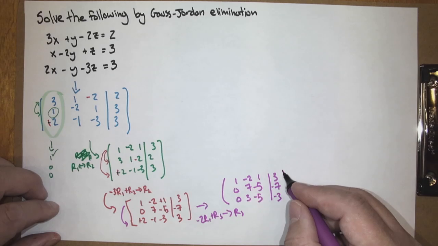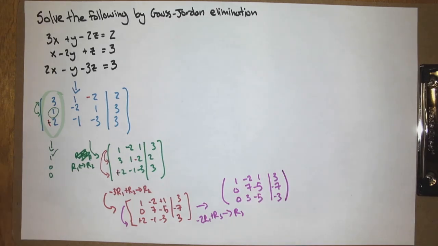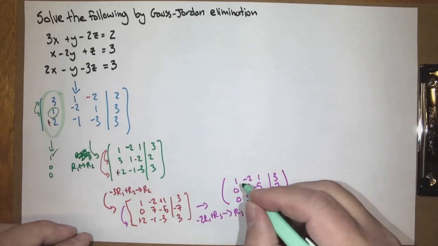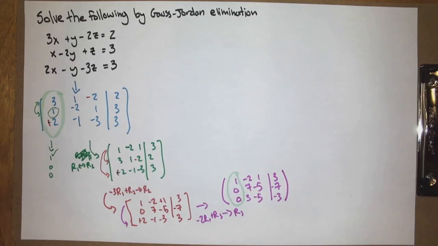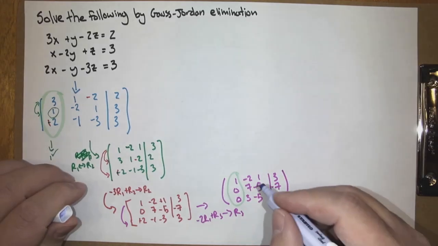All right. Well, interesting times ahead. Now what? Well, good news is the first column, we're happy. So, if we're happy with the first column, what should we do? Go to the second column.